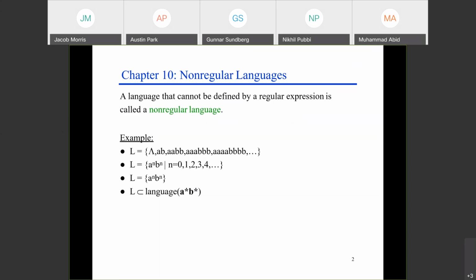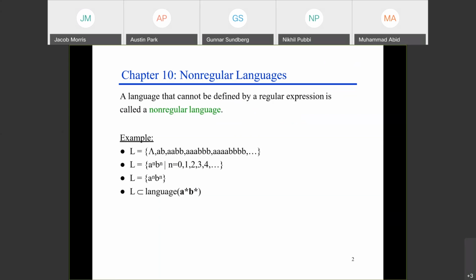So first thing is the definition. The language which cannot be defined by regular expression is called a non-regular language. Now we have this language here. If you see in this example, the first word is lambda, and then AB, then AABB, and then three A's and three B's and four A's and four B's.